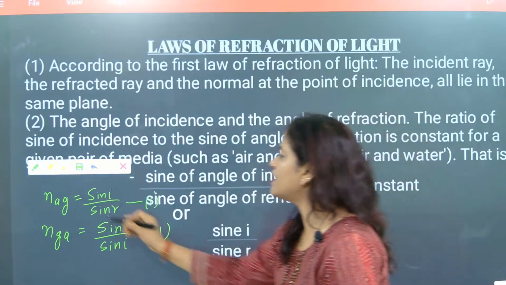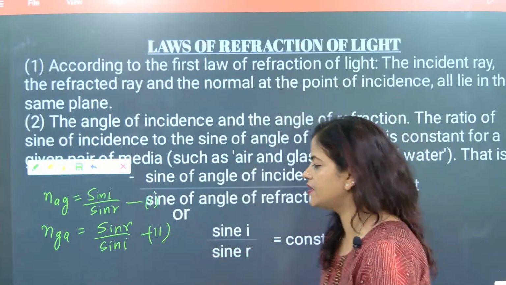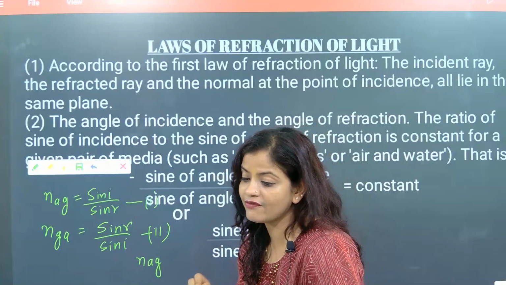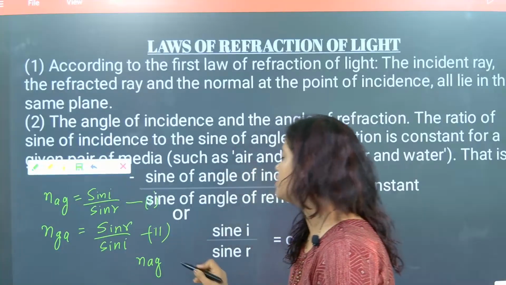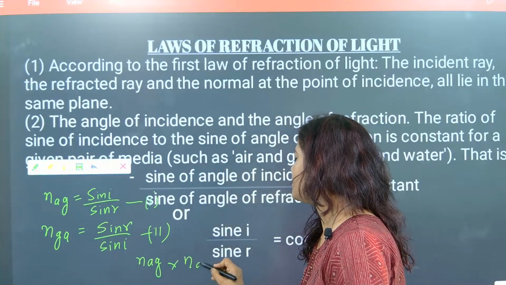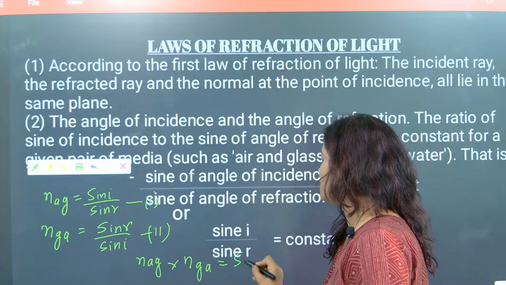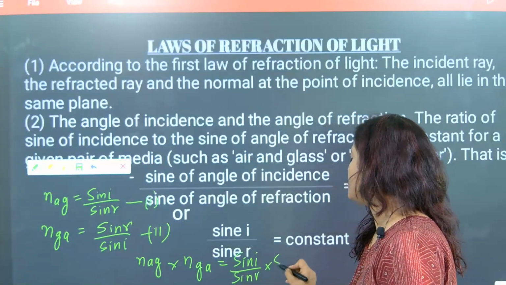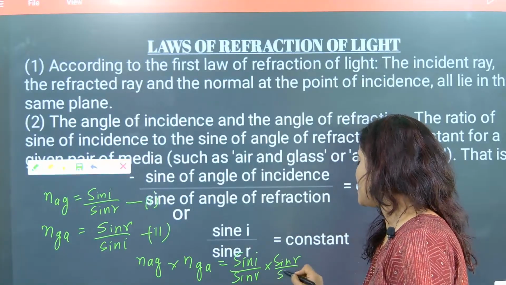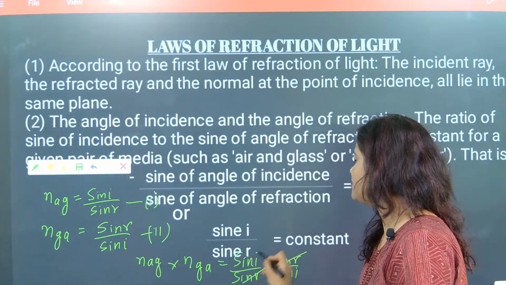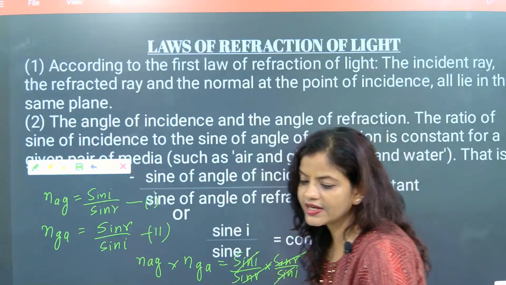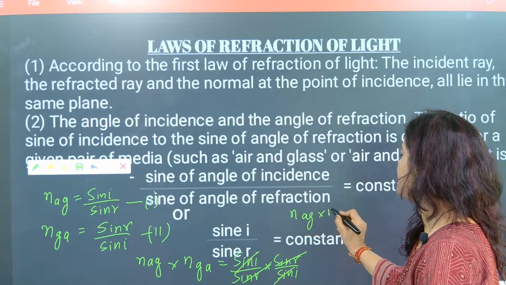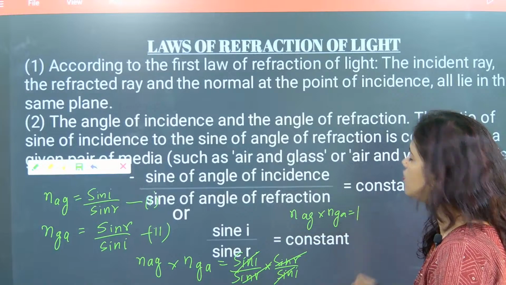So when we multiply both, we get nAG, the light traveling from air to glass, and then nGA, from glass to air, equal to sin i by sin r into sin r by sin i. Sin r will get cancelled. So what we are seeing here is nAG into nGA is equal to 1.